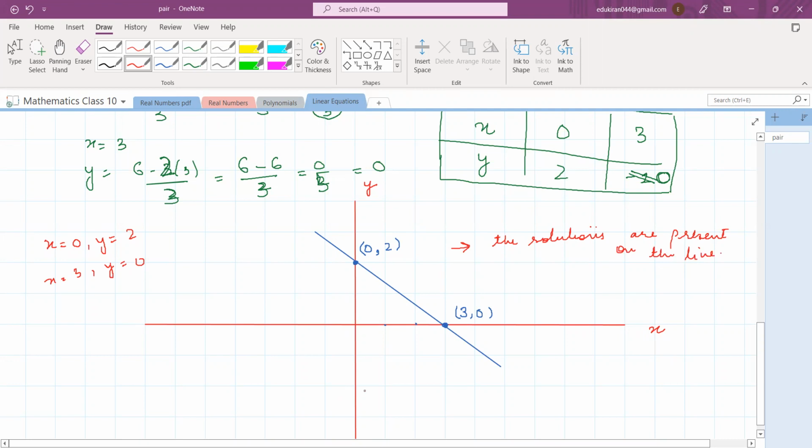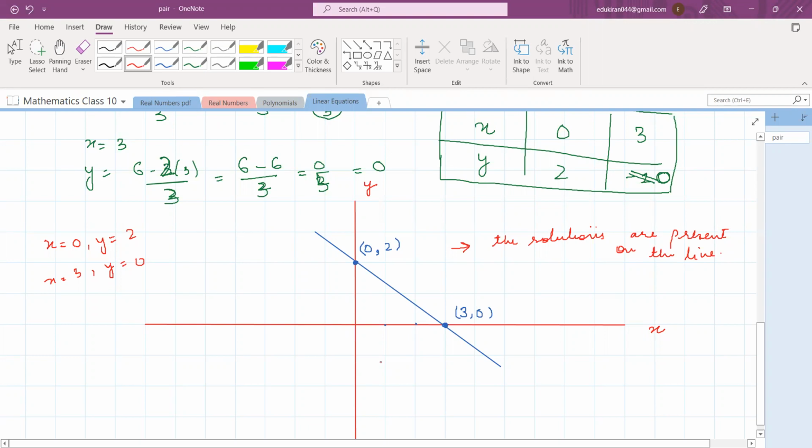Okay, so how many solutions are possible for this line? Infinite. Yes, anybody else? Tala, Sarah? Ma'am, can you repeat the question? Yeah, by looking at the graph, can you tell me how many solutions are possible for this equation? Infinite. Why?